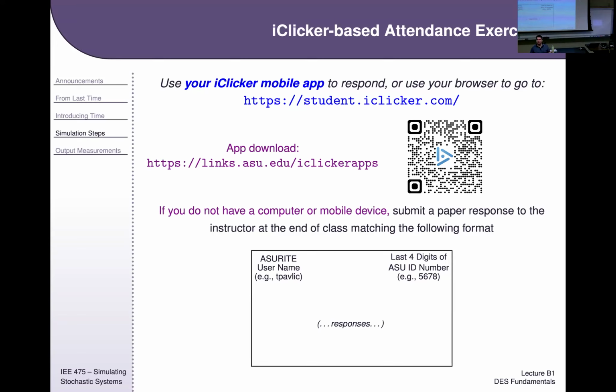I'm looking for a single word, a plural word. It could be something that starts with an E, it could be something that starts with an A, it could be something that starts with a D. Those are some examples of right and wrong answers. So what are the inputs to our DES models?